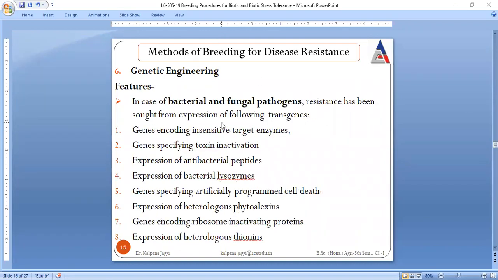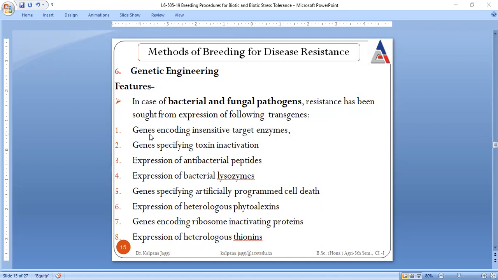In genetic engineering, when we talk about bacterial and fungal pathogens, resistance has been sought from the expression of these transgenes. When expressed in particular plants, they gave those plants resistance against a number of attacks conducted by bacterial and fungal pathogens.